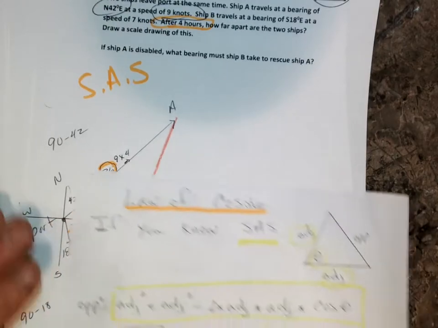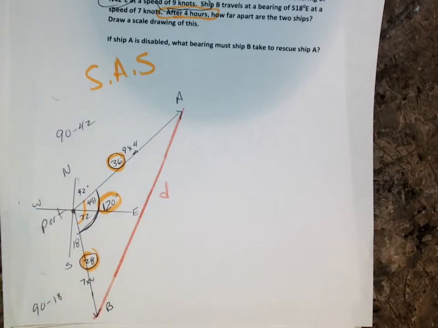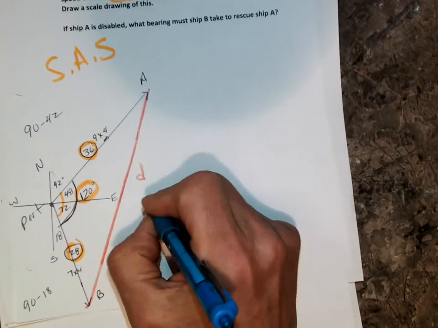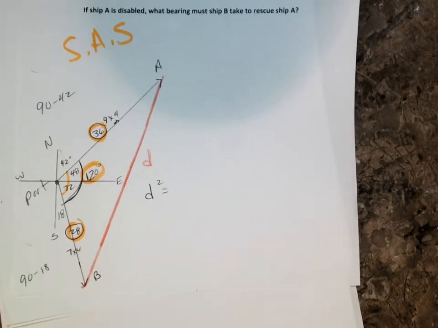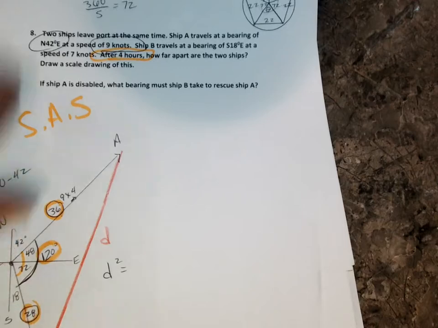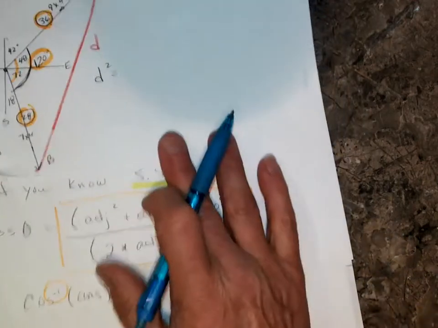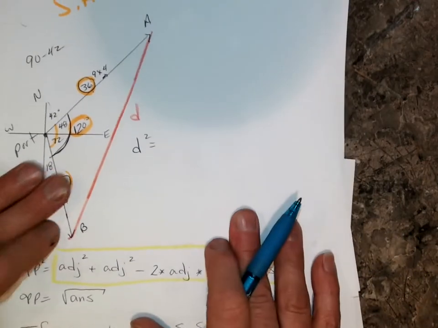So I'm going to set it up as my opposite squared, which is d squared, is equal to my adjacent squared. I'm just going to go ahead and follow this. Slide this. Can you see it there? Yeah, perfect.